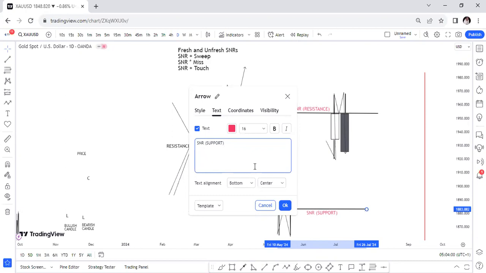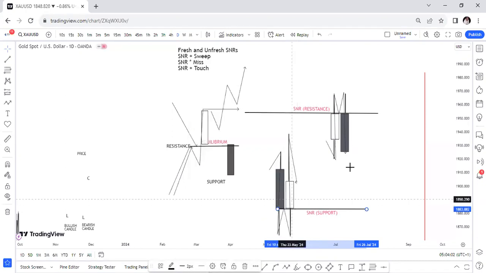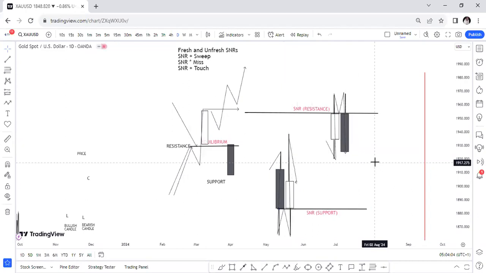So it is the momentum of the market, the equilibrium level of the market, that determines the SNR level. So this now becomes the support.